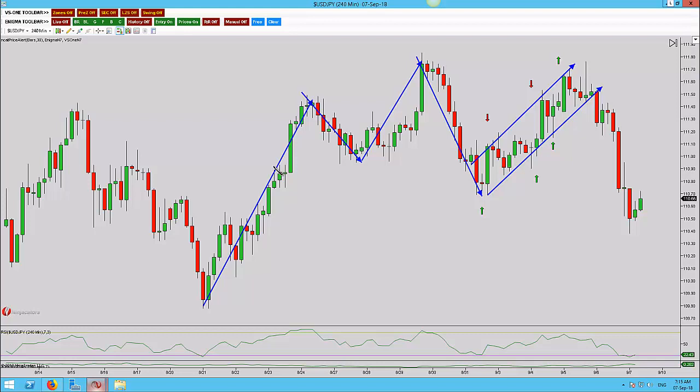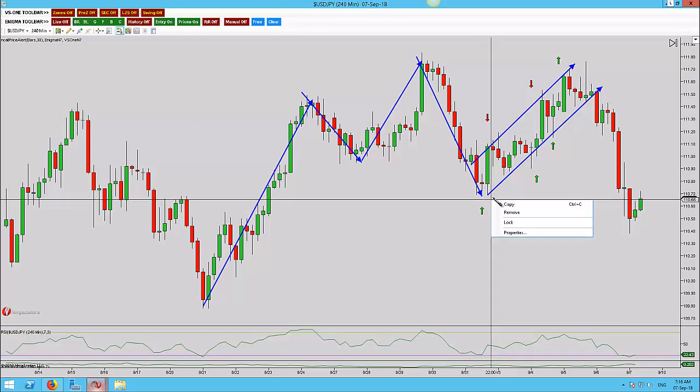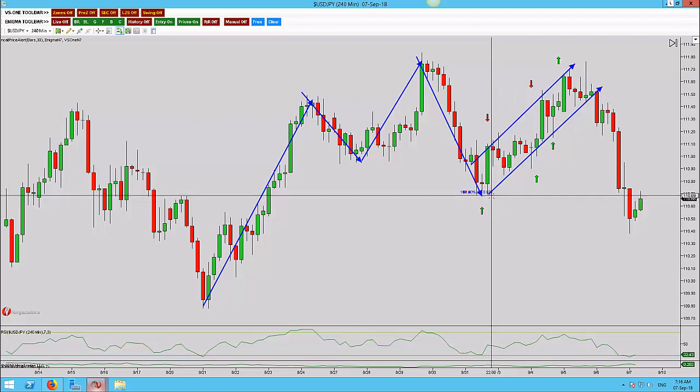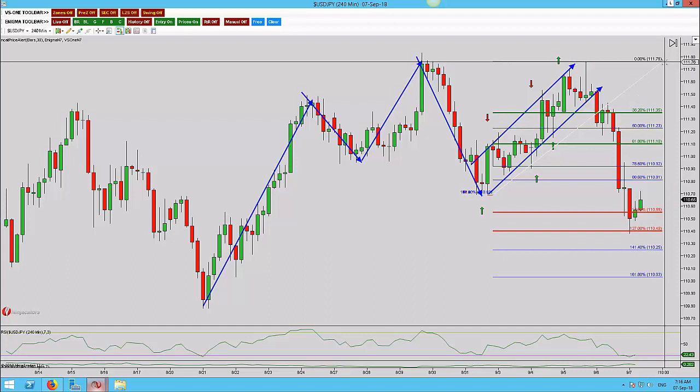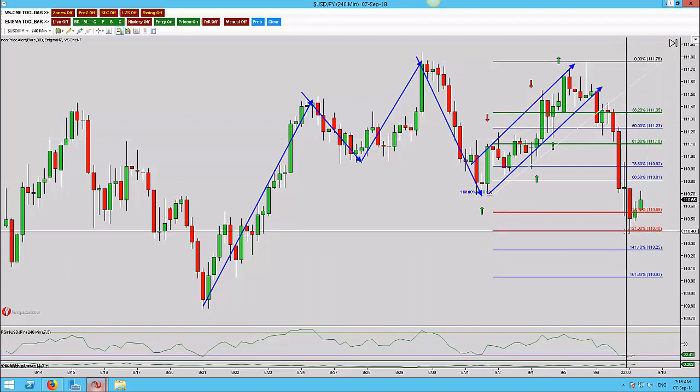And this is the last part of the video, and we have now seen the breakout as I predicted. Targets were down at 110.38, which were that 127 extension. So the market has actually come down and hit 110.38. I think I was a pip or two in front of the 127 fib.